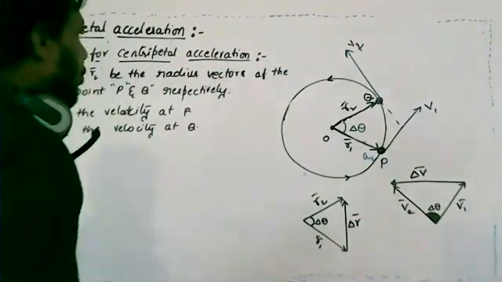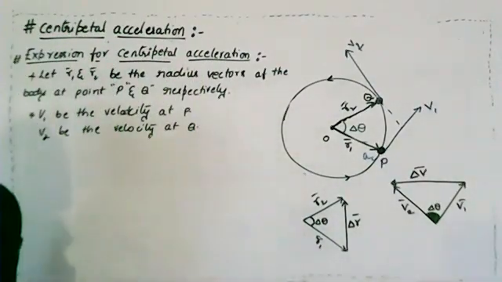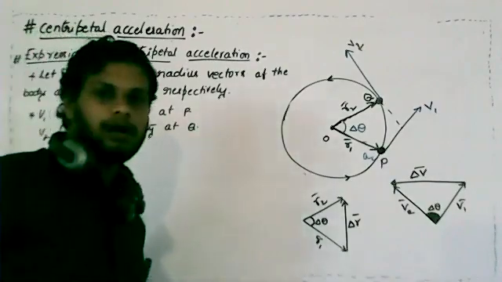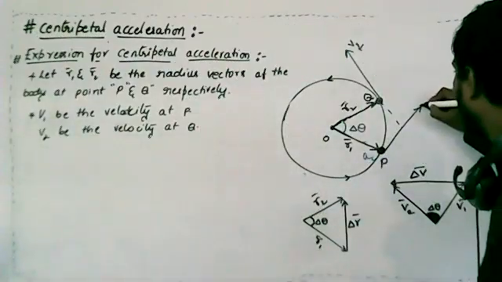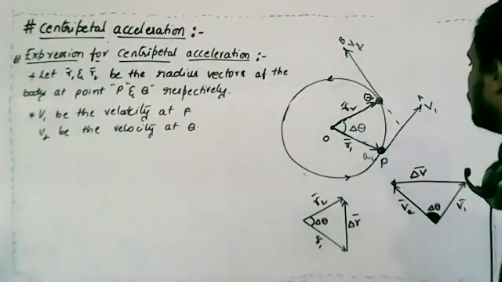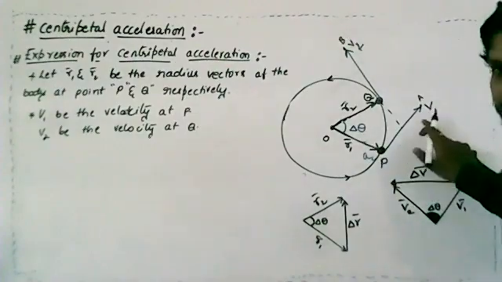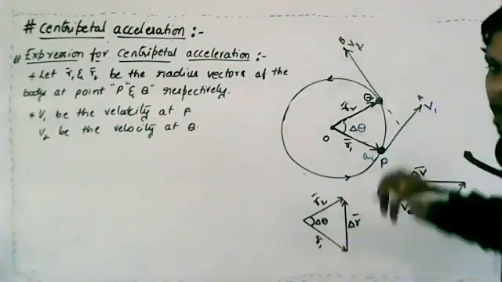Now I'll tell you one point, just try to understand. Along the v1 direction I'll take a point A, and along the v2 direction I'll take a point B. Now PA vector is v1, QB vector is v2.